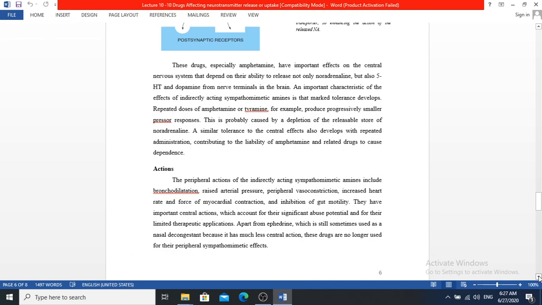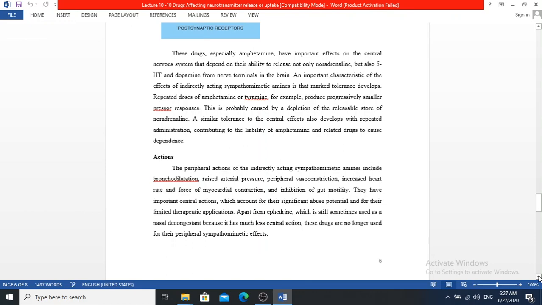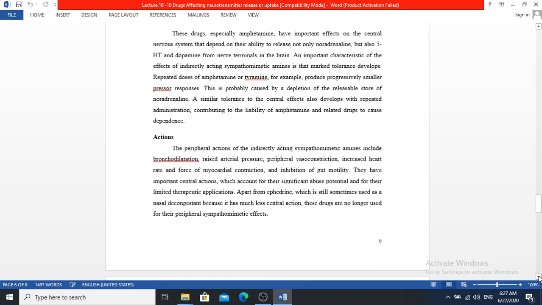Repeated doses of amphetamine or tyramine, for example, produce progressively smaller pressor responses. This is probably caused by a depletion of the releasable store of noradrenaline. A similar tolerance to the central effect also develops with repeated administration, contributing to the liability of amphetamine and related drugs to cause dependence.